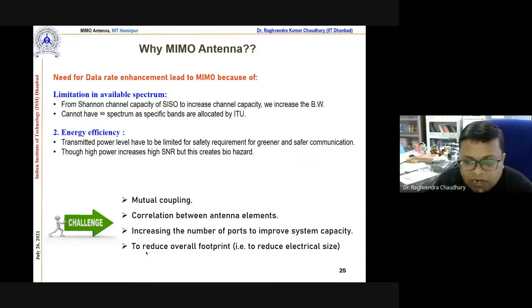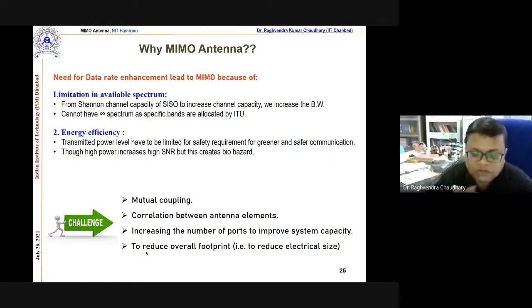Another thing is the number of ports, which improves the system capacity, though it offers a number of crosstalks. The second is to reduce the overall footprint, the electrical size of the device.